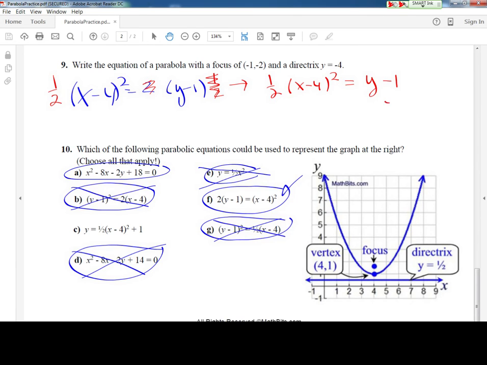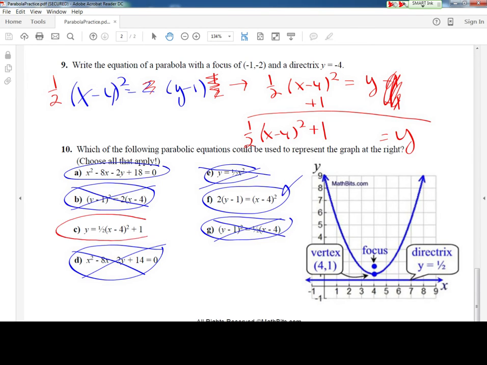I'm going to add 1 to this side, and if I do it here, I've got to do it over here, don't I? So that would become 0. That's definitely gone, and that gives me y equals 1/2 times the quantity x minus 4 squared plus 1, which is simply the reflexive of this. Didn't see that one coming, huh?